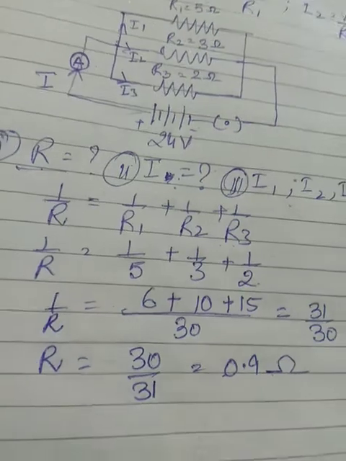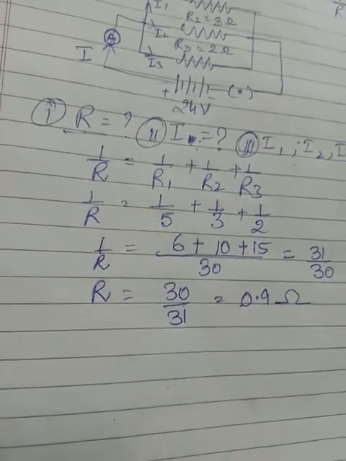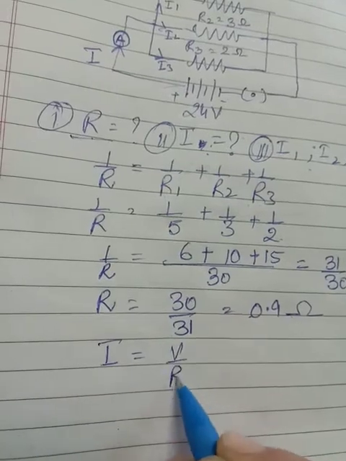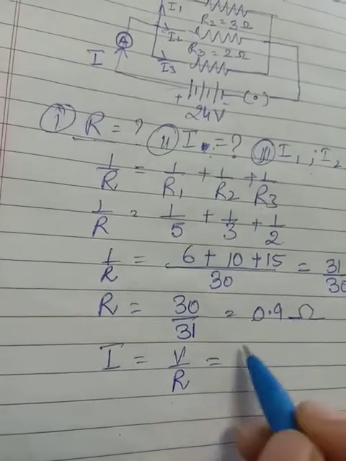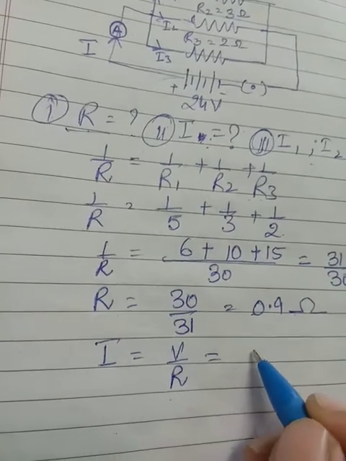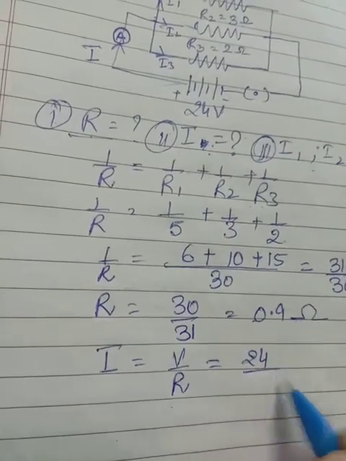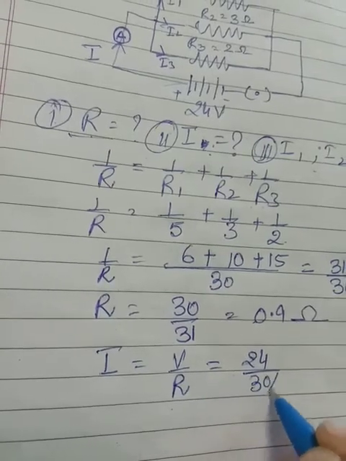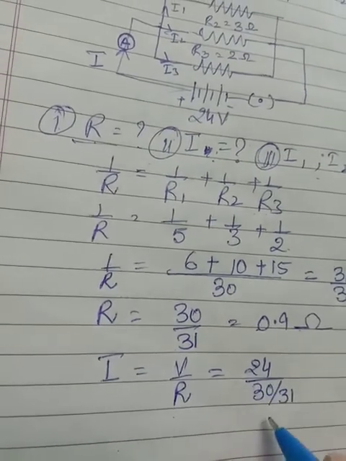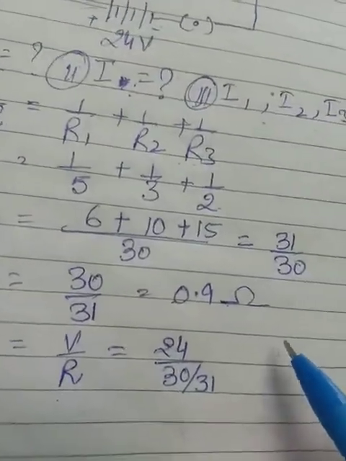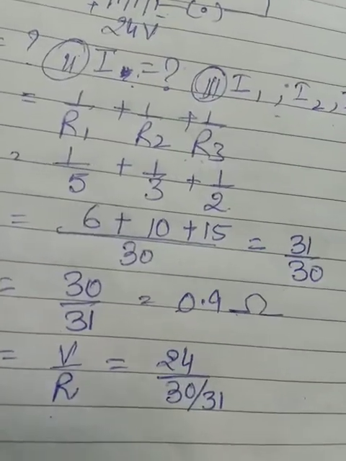Now it is asked what is the value of the total current I. So I equals V upon R. The net potential is 24 divided by R, and you can write R as 30 upon 31. It is better to write it this way because it makes your calculations easier, otherwise in decimals students generally commit mistakes.